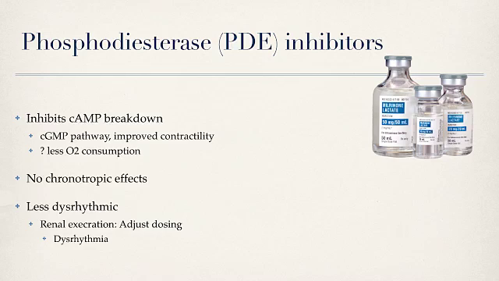Now, phosphodiesterase inhibitors decrease the amount of cyclic AMP breakdown and hence accumulate the effect of endogenous catecholamine as well as exogenous catecholamine. It's proposed to increase contractility, for example, without increasing oxygen consumption as much as catecholamine does, probably because of the lack of chronotropic effect.